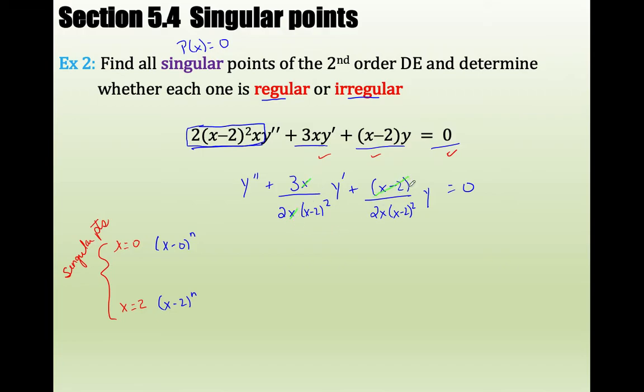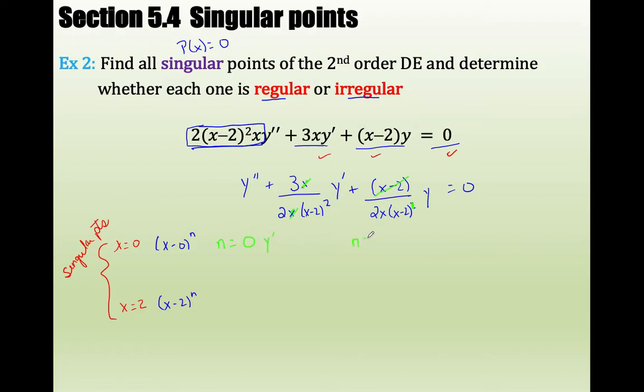This x plus 2 cancels out here. And x to the 0, right? And now that I've simplified, how many times does that appear in the denominator of y prime? It don't.